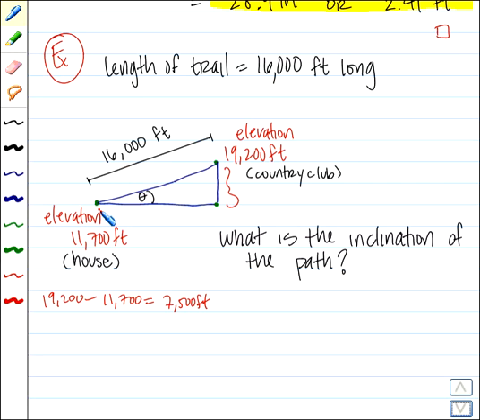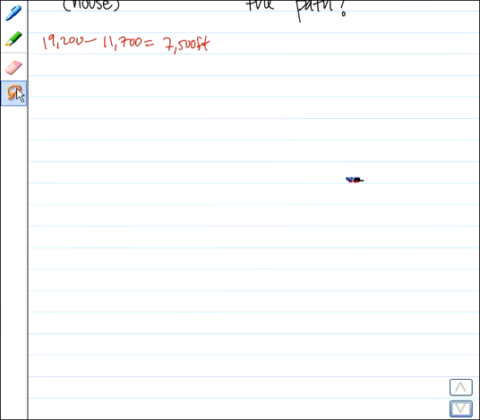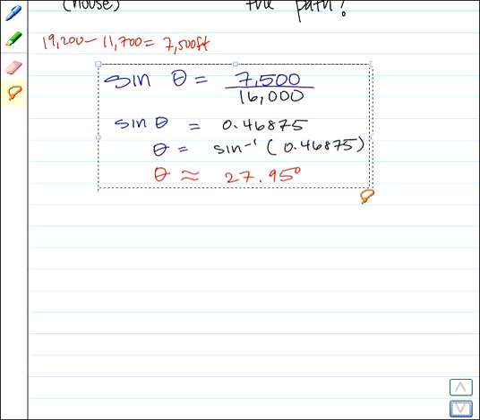Now, what we need to do is see what we're dealing with here. We got an angle and two sides. This side is opposite of our angle, and we have the hypotenuse. So opposite over the hypotenuse refers to the sine function. Hence, the solution becomes as such.